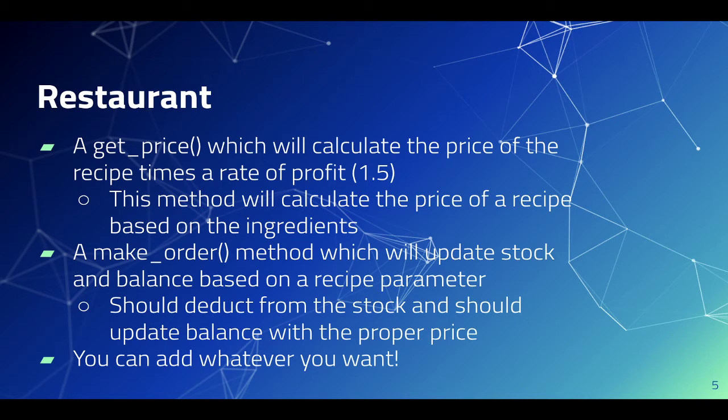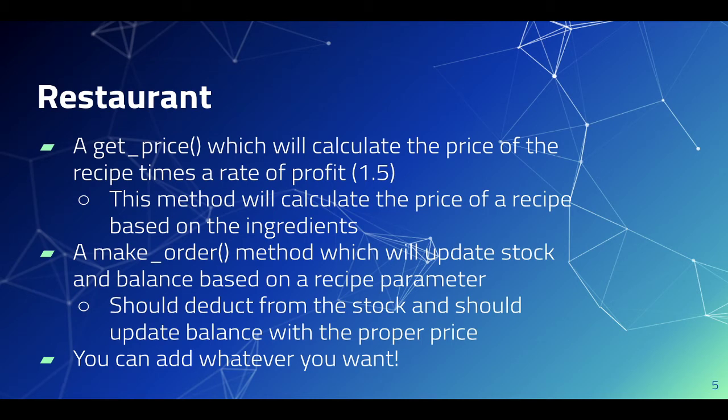If we get a recipe in, they're paying the restaurant, right? So we want to add the money, and maybe we can have a rate of profit. We want to multiply the price of each recipe by 1.5, because we don't want to spend $10 on a meal and then receive $10, because we make no profit.